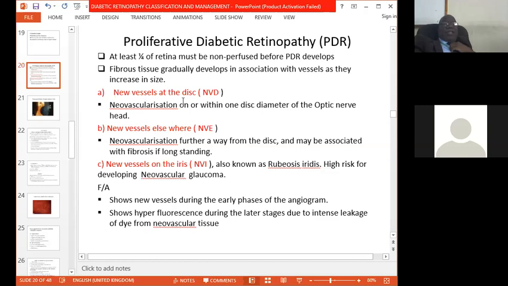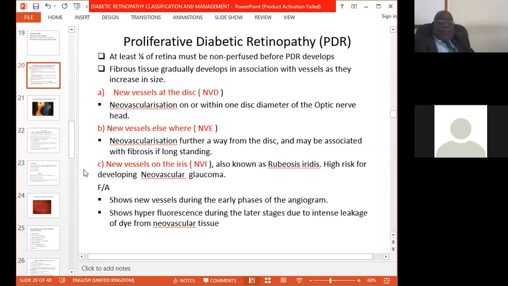New vessels at the disc. Presence of new vessels at the disc is referred to as NVD. This is neovascularization further away from the disc, which may be associated with fibrous tissue, fibrosis, if it's long standing.